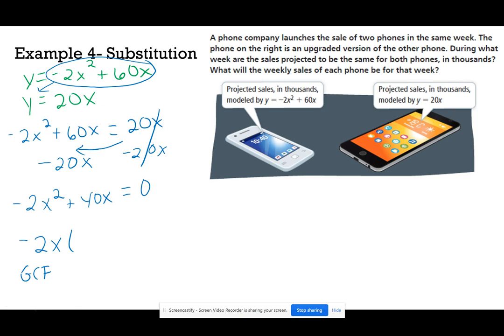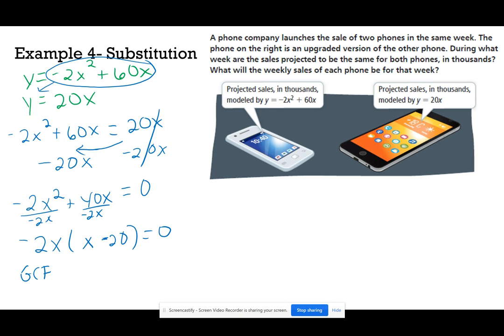If you remember, we can divide both of these by -2x to get what's going to be on the inside. -2x squared divided by -2x is just x. And 40 divided by -2x, the x's cancel out, so you end up with -20. Then you still have your equals 0.